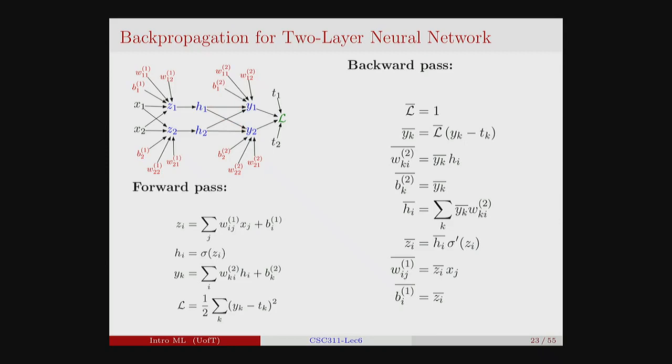So here is the dependence between how y's behave as a function of the h's. So the gradient of this function with respect to hi is just going to be w2ki. That's why you see a w2ki here.